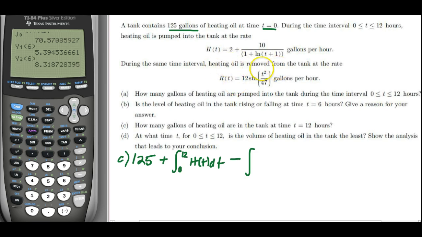So heating oil was removed based on the second function r of t. So the integral between 0 and 12 hours of the r of t function will tell us the net change of how much oil came out between 0 and 12 hours. So what I had to begin with plus what went in minus what came out is going to give me the total amount of oil in the tank at time 12 hours.